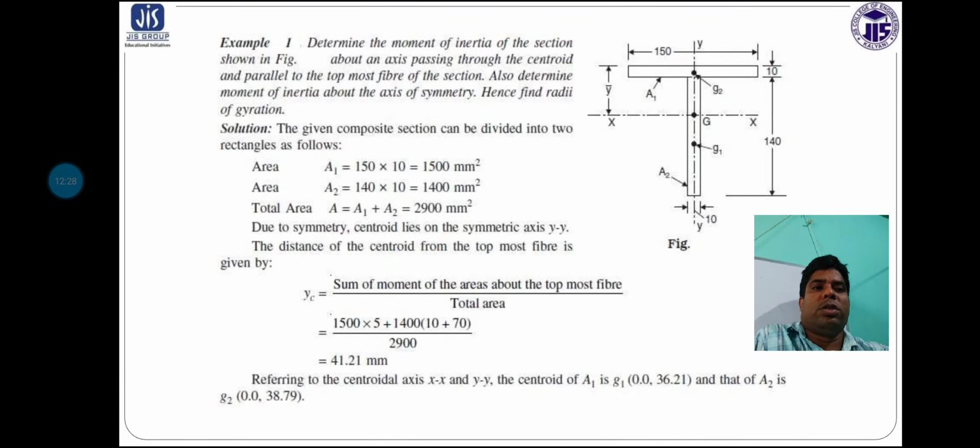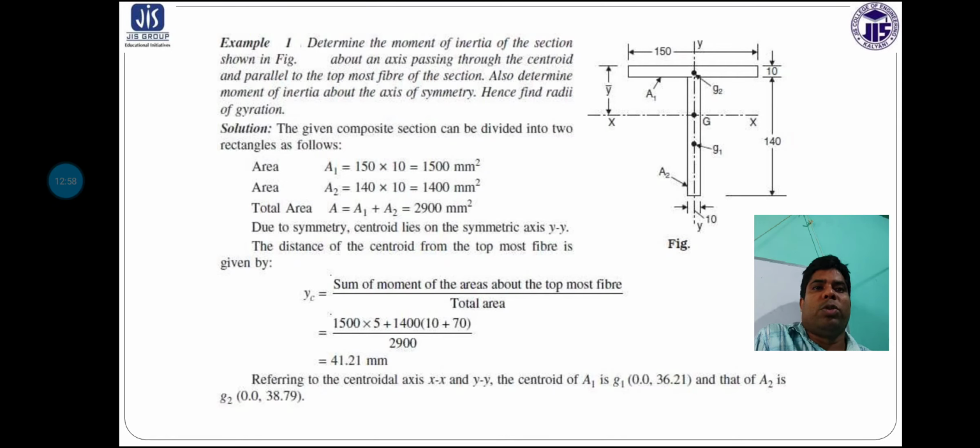Now this is one example of how to calculate the moment of inertia of a standard figure with the help of the centroidal value. Determine the moment of inertia of the section shown in the figure about the axis passing through the centroid and parallel to the topmost fiber of the section.